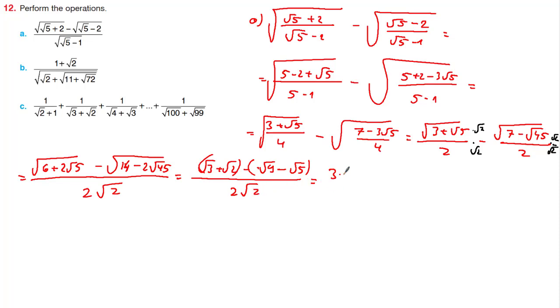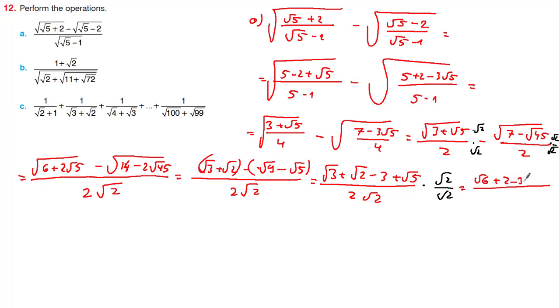So that makes it 3 plus root of 5 over 2 root of 2. How do you rationalize this root of 2? Again, we multiply by square root of 2 over square root of 2, and that would make our final answer square root of 6 plus 2 minus 3 root of 2 plus 10 over 4. So this is how we did rationalization under A.